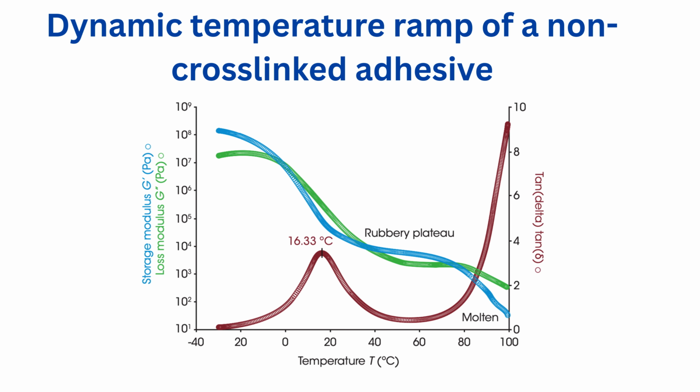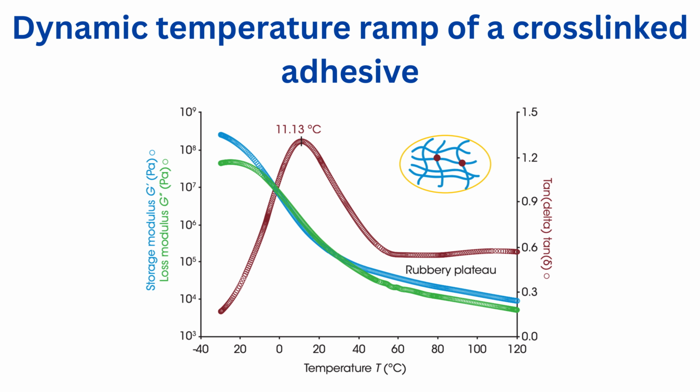The value of the rubbery plateau modulus is correlated with the polymer chain entanglement. If the polymer is partially cross-linked, then its molten state will not be observed in a temperature ramp test. After Tg, the rubbery plateau area will extend up to higher temperatures until the polymer starts to decompose.